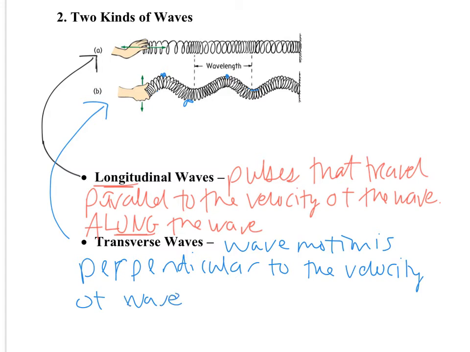So transverse waves, like I said, are your classic waves. That's what the example in the last slide looked like. And that's what most of your waves will be. So your ocean waves would be transverse waves. Again, this would be like sound. And this would be like ocean waves, light waves. They would be transverse.